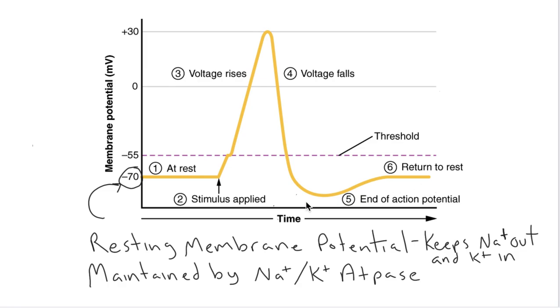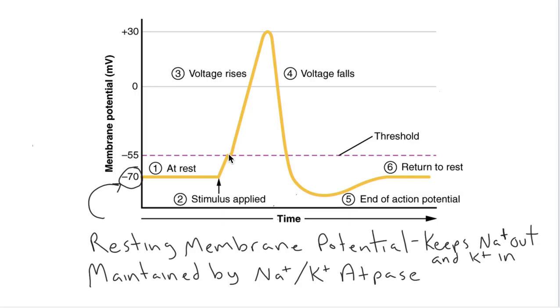So just to recap, we have millivolts on this vertical axis, time on the horizontal axis, our resting membrane potential, so we're at rest, -70, relatively negative on the inside of the cell, relatively positive on the outside of the cell. We have more sodium outside, more potassium inside, and then we have a stimulus.